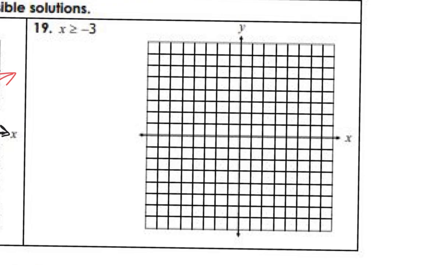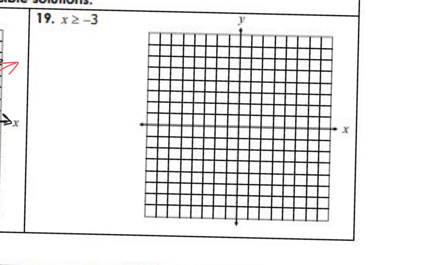All right, this one, x is greater than or equal to negative 3. So this is a special line. It's either going to be vertical or horizontal. So it says this line's going to cross x at negative 3. So if it's crossing x, it's going up and down.